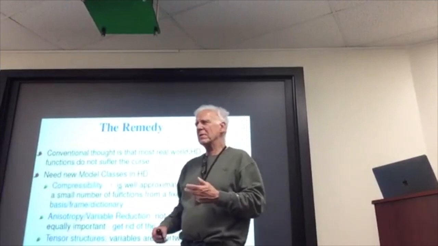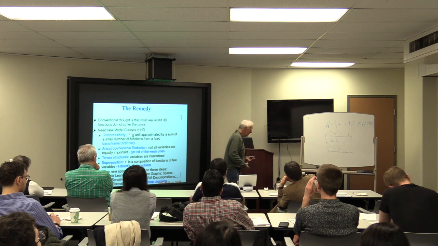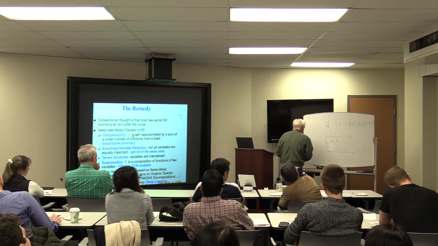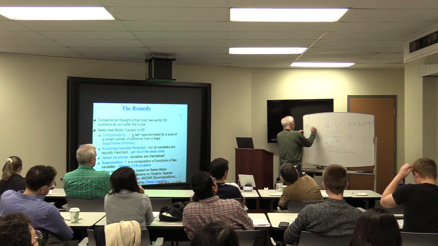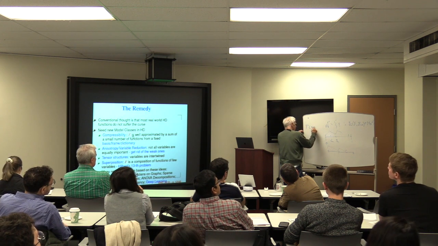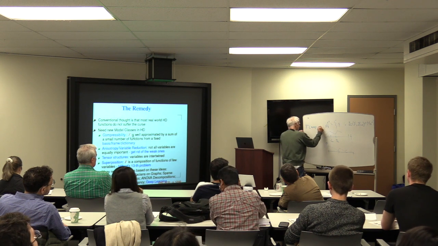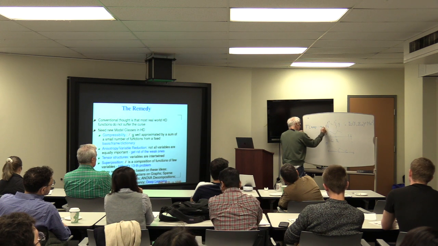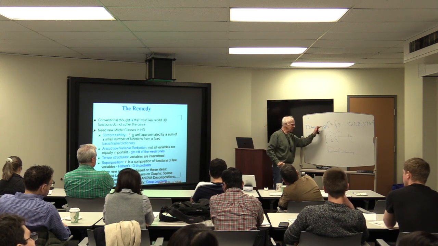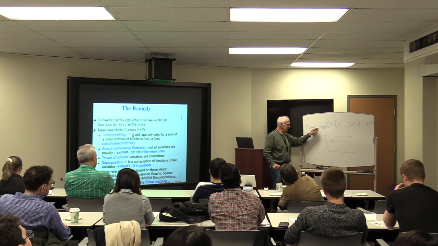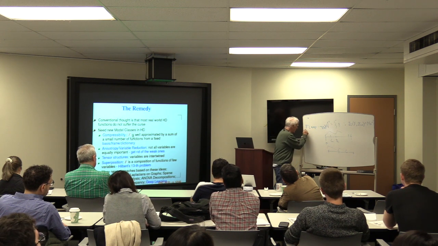If you think of the following, simplest example here, I have a function f of a1 x1 plus ... plus ad xd. x1 through xd are the variables. a1 through ad are numbers. So this is just a dot product of the vector a with x, and f is a univariate function.